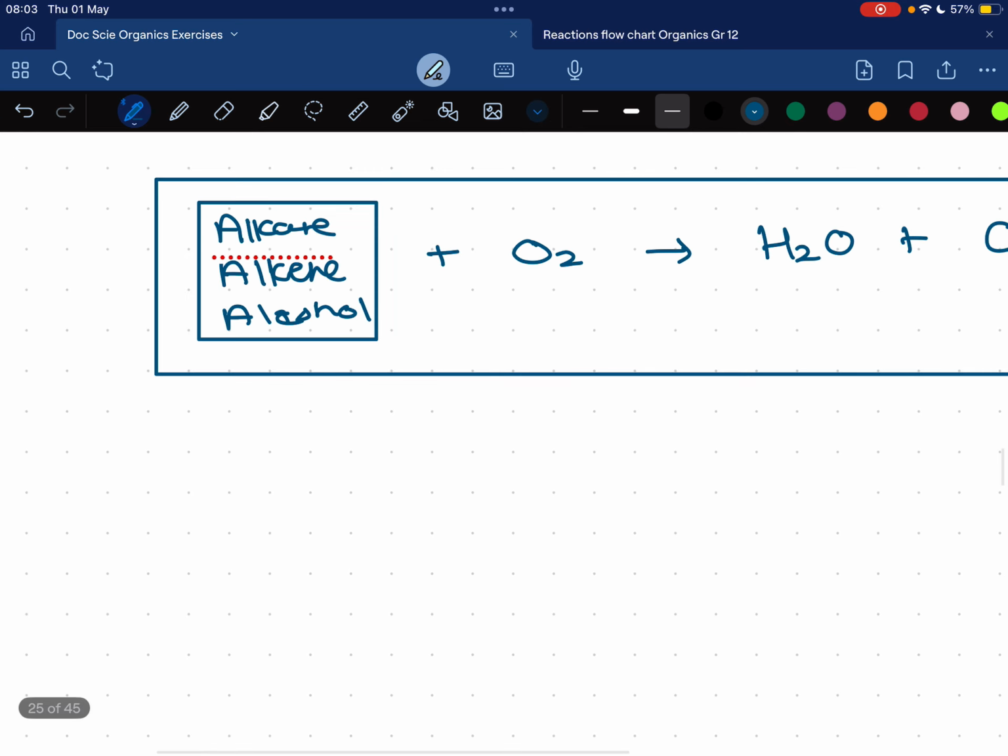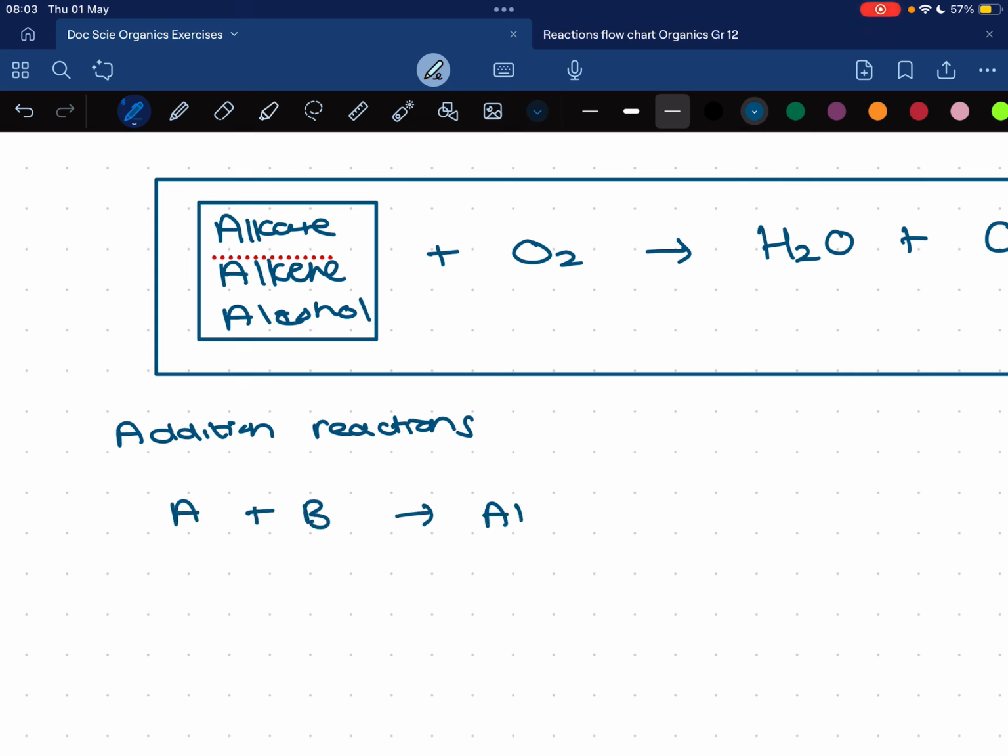So usually when we did addition reactions, we would say, oh, well, they have that general reaction rule which says, well, if you add A to B, then you would get this AB molecule. Okay, so that's just in general how something like that would look.